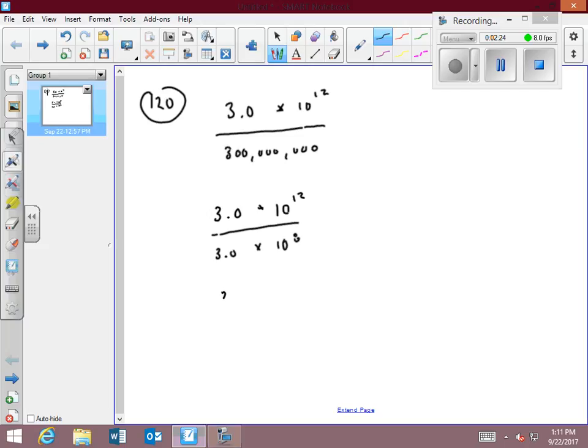Now, if we put the 3 trillion in the numerator over the 3 in the denominator, and then go times the 10 to the 12th, that 10 to the 8th would come up, would we add or subtract the 8? Subtract the 8. So 3 over 3 is 1 times 10 to the 4th.